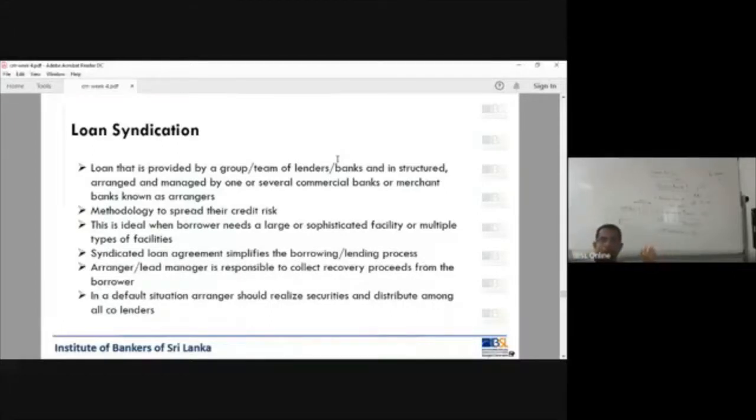But all the banks are not going behind the customer to collect money. The arranger or the lead manager will always collect money. Repayments will be collected by the lead bank. Then, based on the contribution by different banks, this money will be distributed. Right?